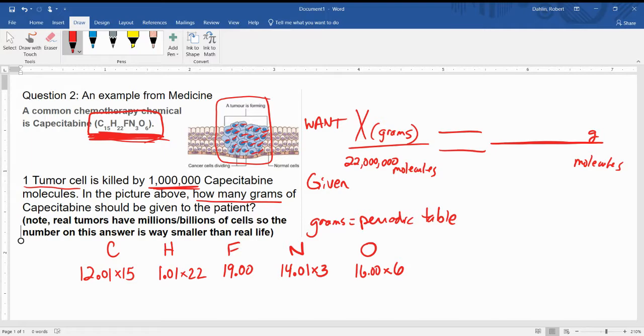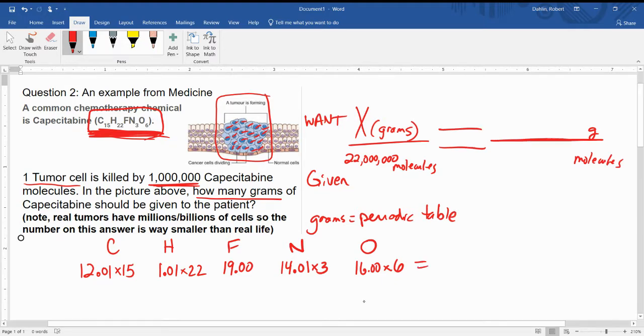Plus my fluorine plus my nitrogen plus my oxygen. I'm going to have to double check this real quick, but right now I'm getting 359.40 grams. I'm just going to go back and double check, make sure I typed everything in right.